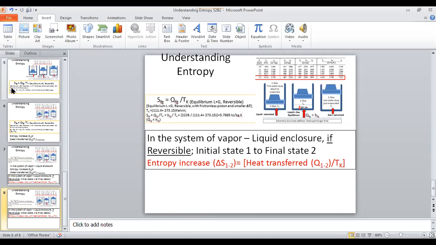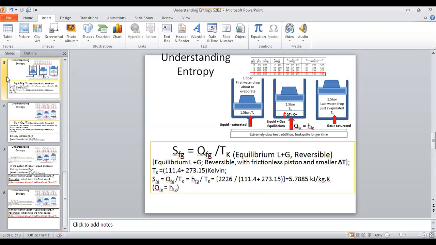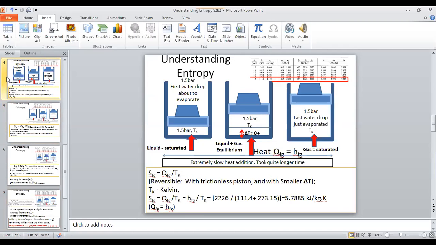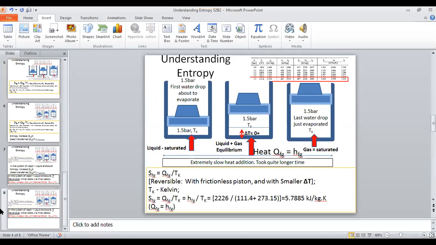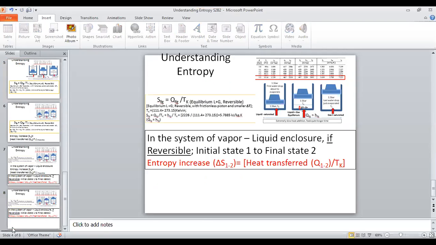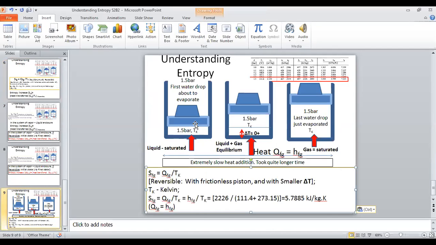Let me copy a slide here. So now this is the generalized one, understanding entropy.